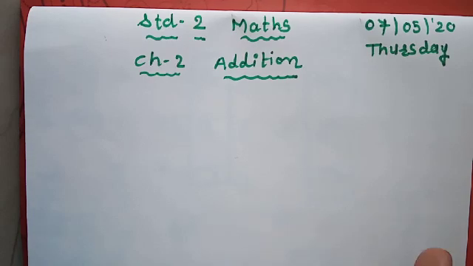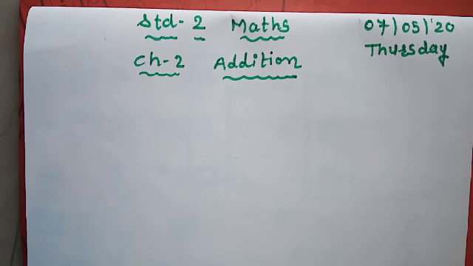Which we already learned in previous videos also, okay, with the 1-digit number and with 2-digit number, that is addition of 3-digit number with 1-digit number with carry over, addition of 3-digit number with 2-digit number with carry over.